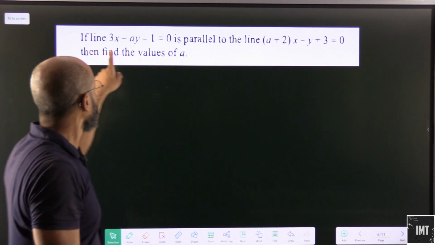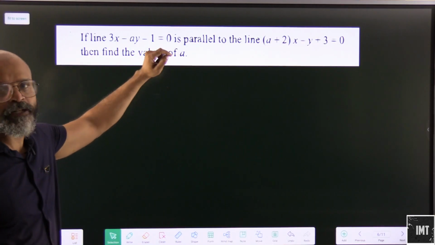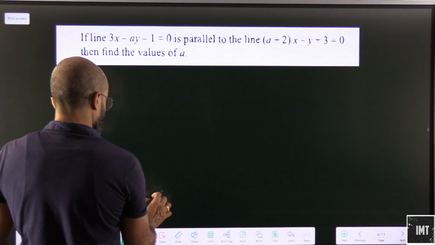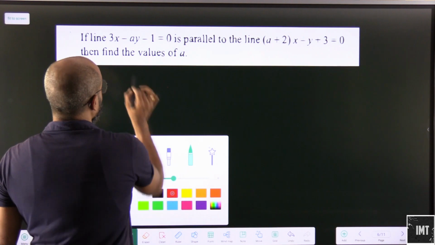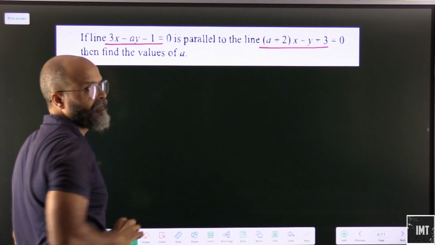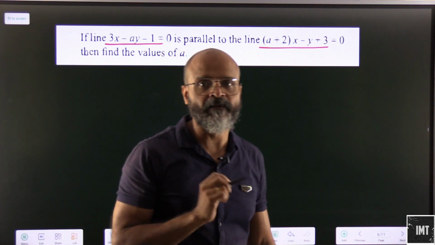So in this case we have: if 3x minus ay minus 1 is equal to 0 is parallel to this line, find the value of a. One line is given to you and you have to find out the value of a.